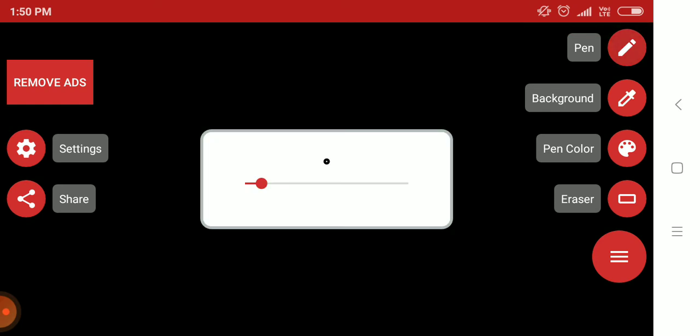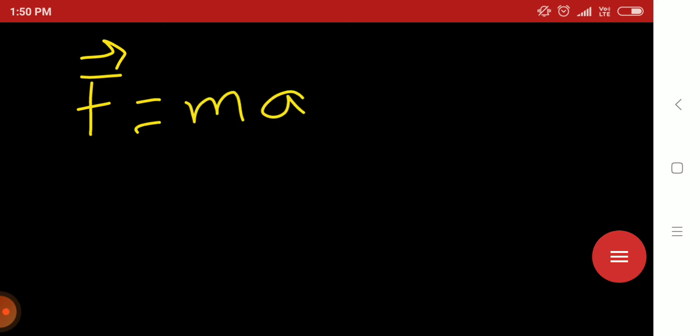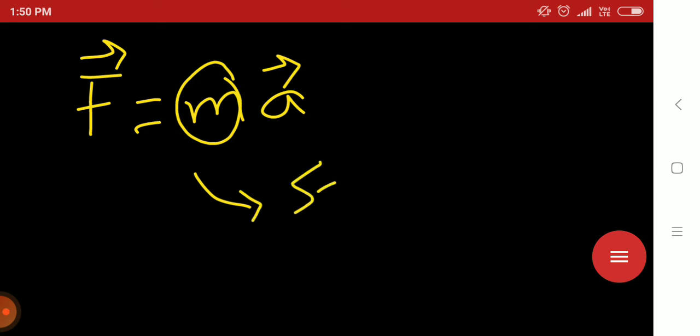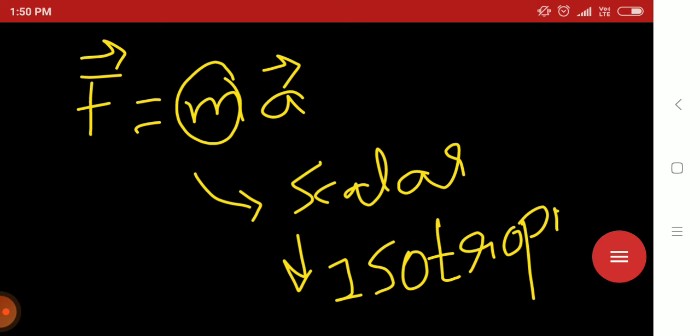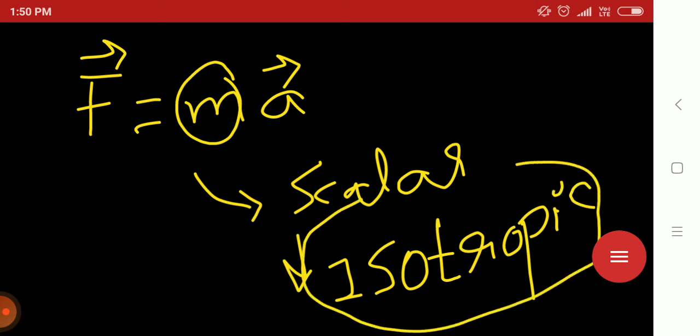First of all, when we are writing F equals m into a vector, then m is scalar in an isotropic medium. Yes, in an isotropic medium, when we consider Newton's equation of motion F equals ma, we will call it scalar.